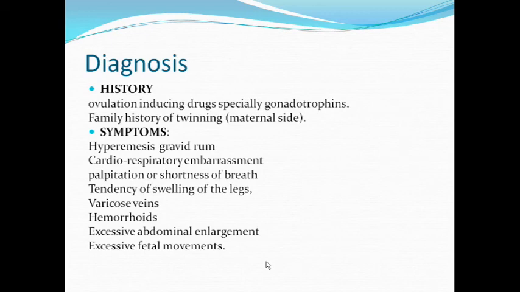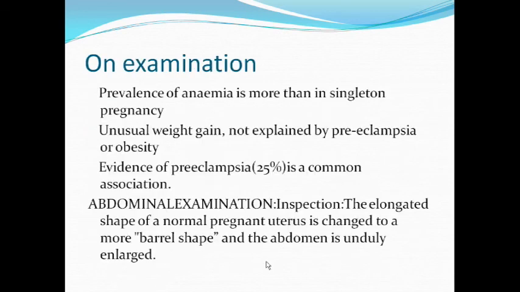In the symptoms, you will find hyperemesis gravidarum because of the raised beta hCG level, cardiorespiratory imbalance, palpitation and shortness of breath because of the enlarged abdomen, tendency of swelling of legs, varicose veins, hemorrhoids more common, excessive abdominal enlargement and excessive fetal movement. So symptoms will be like this.